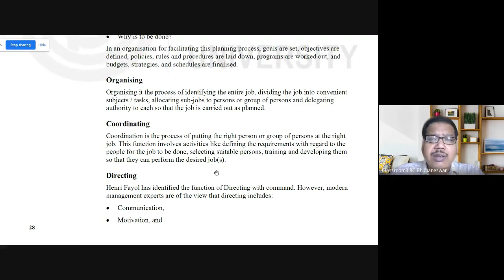We can identify the entire job, what I have to do, and then subdivide it as per our skills, or as per the available skill. We can find the organization to be in groups, in subgroups, in a single person, and with authorities to decide what to carry out in the job and what to carry out with respect to the plan. So this is what we go for in organizations.